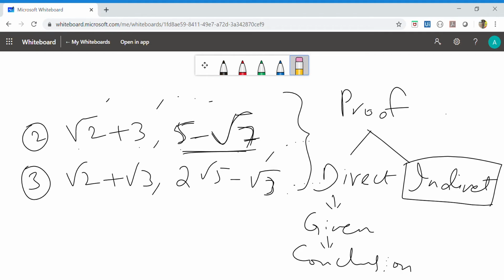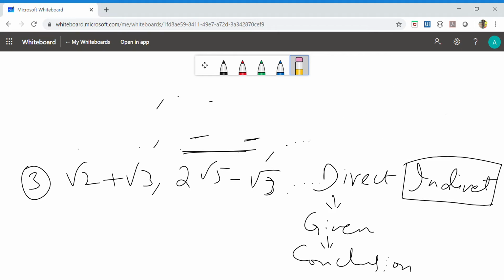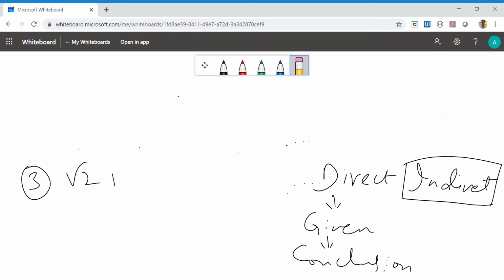So by concluding that, we say that what we assumed is a wrong statement. All irrational numbers we can prove by the indirect method of proof.